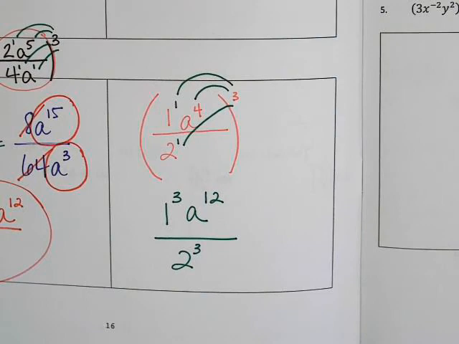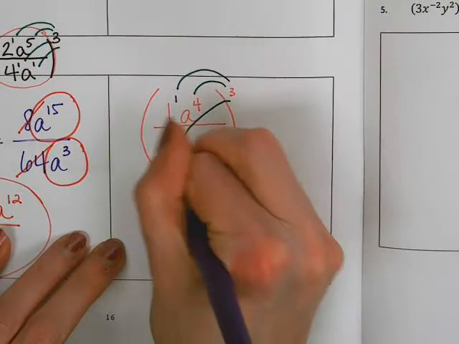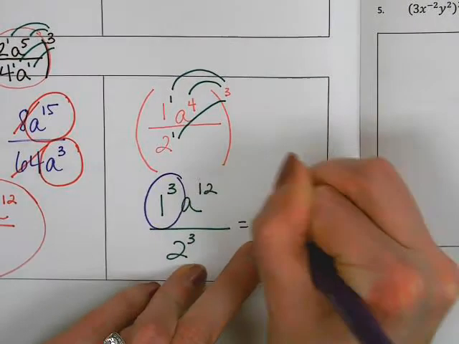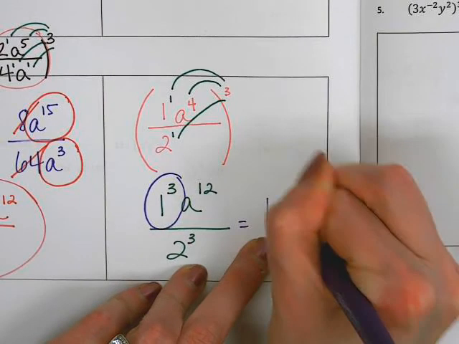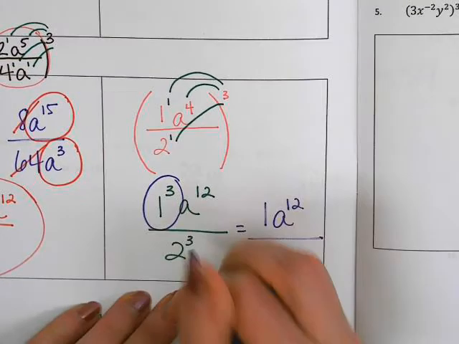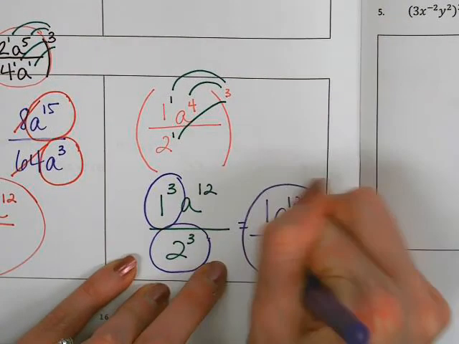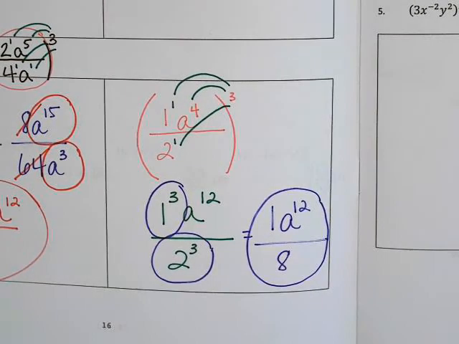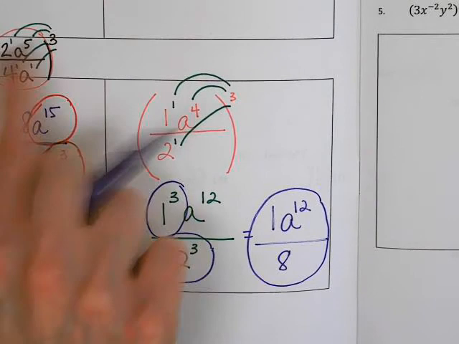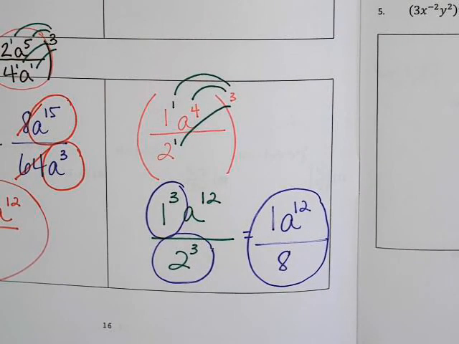Now we just have to evaluate these. 1 to the third power is just 1. So we have 1a to the 12th over 2 to the third power, which is 8. Notice how we get the same answer two different ways. Another way even is you could just write it all out and just start canceling things.